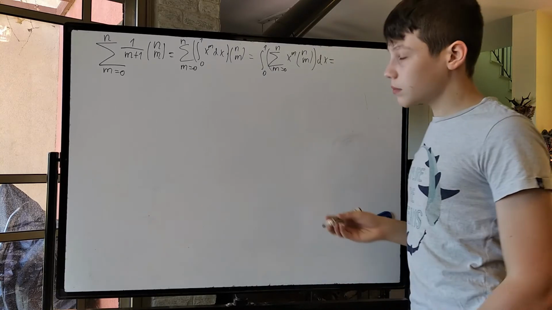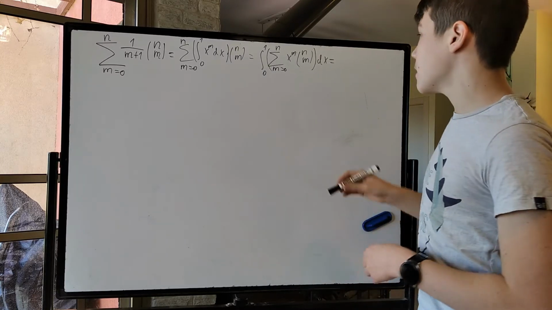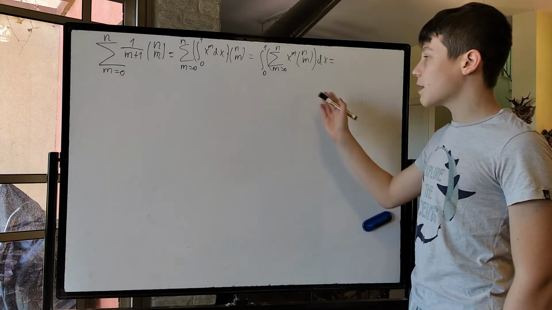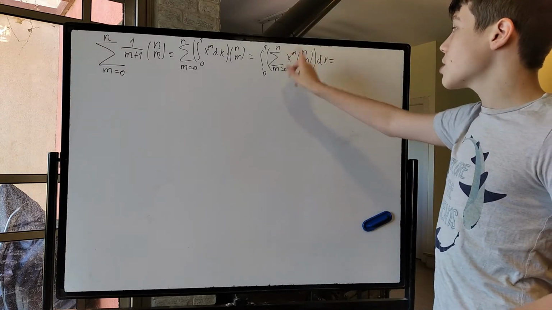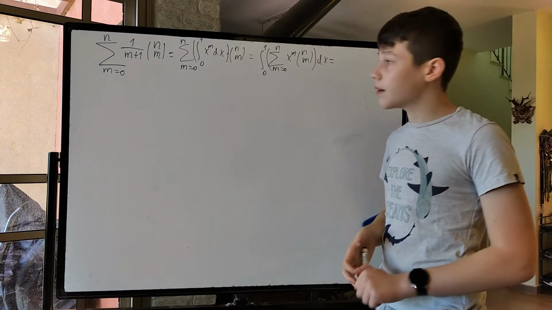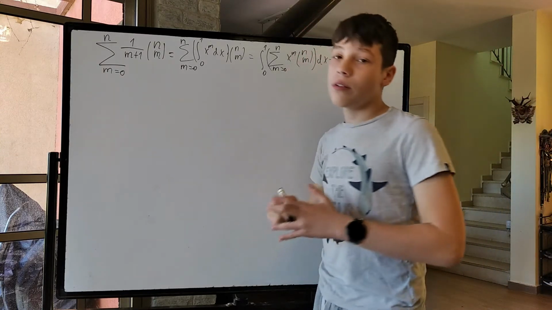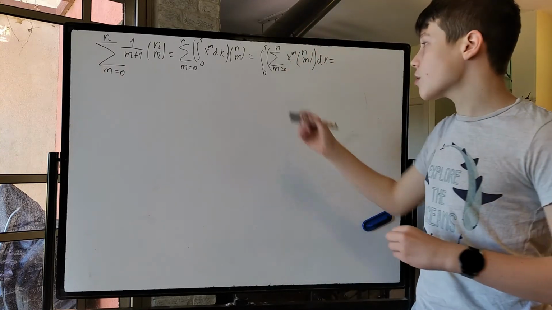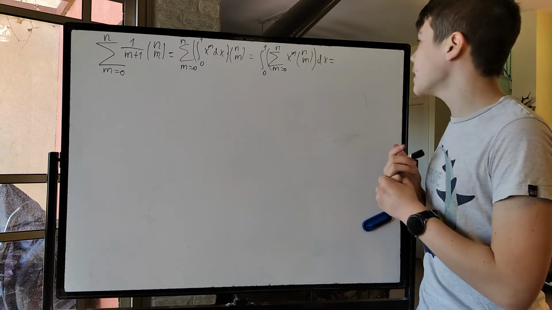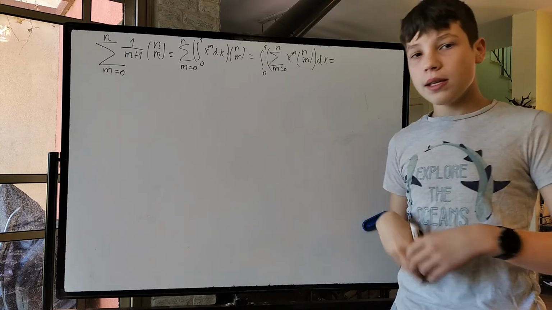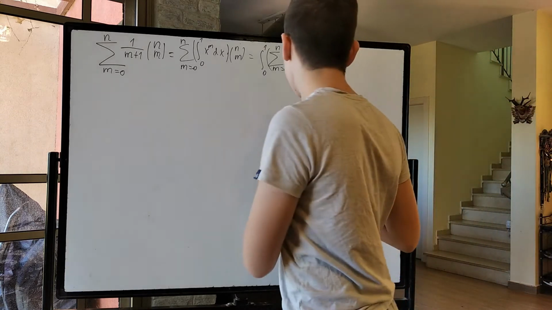And I said that, by the binomial theorem, we earlier saw that this is just 1 plus x to the power of n. Again, if you aren't sure about why this is true, I have a video about that explaining n choose m, its properties, how to derive it, everything.